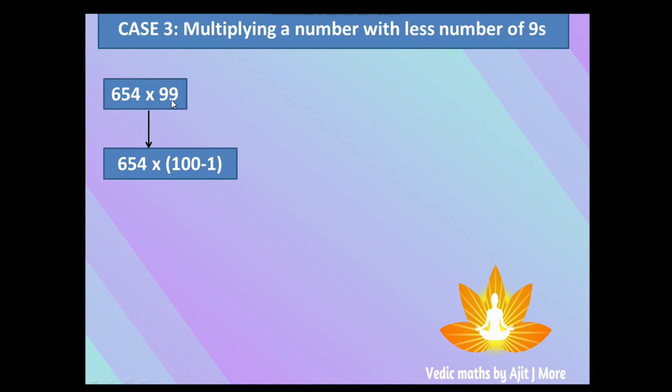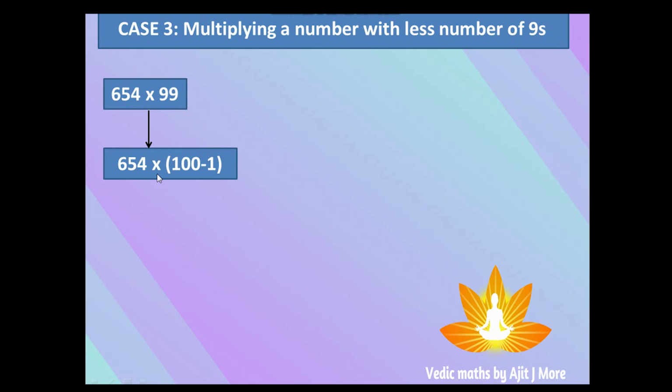Okay, now multiply 654 with 100, and when you multiply with 100, two zeros will get attached, and from that you subtract 654, that is a. Remember guys, this is not a pure Vedic technique. We are just applying some modification to our traditional way.